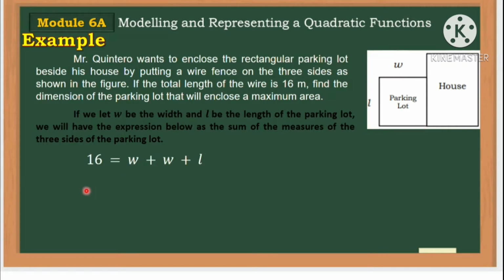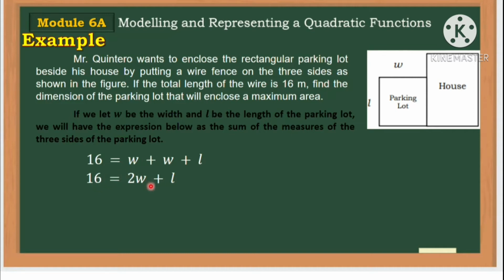Kaya we have 16 is equal to W plus W plus L. So we're going to simplify this. W plus W, that is 2W. Therefore, 16 is equal to 2W plus L.